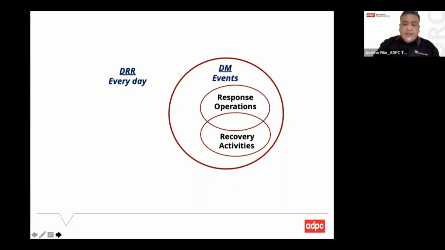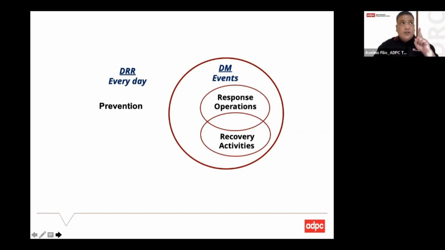On the other side of the circle, we have DRR. Disaster risk reduction is an everyday thing. It's an everyday task that we need to do. And it involves three important things. Prevention, meaning outright avoidance of the impact of an event, let's say flood or cyclone. Can you prevent flood and cyclone?